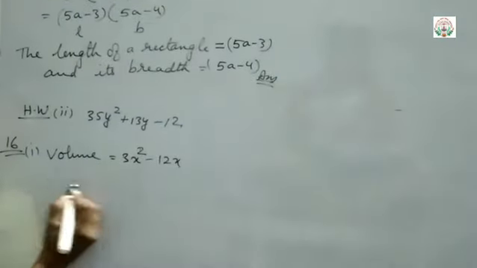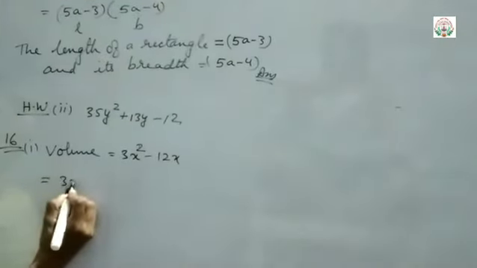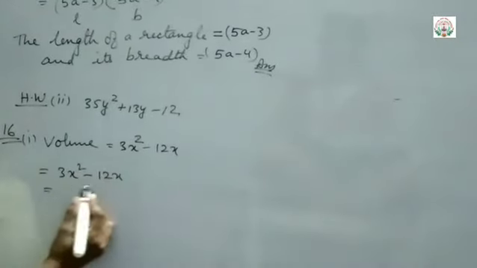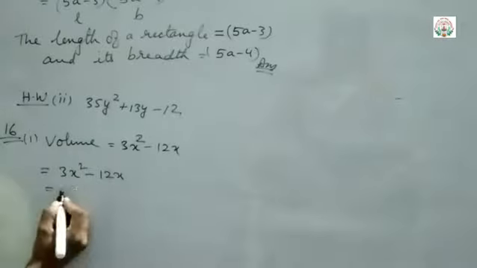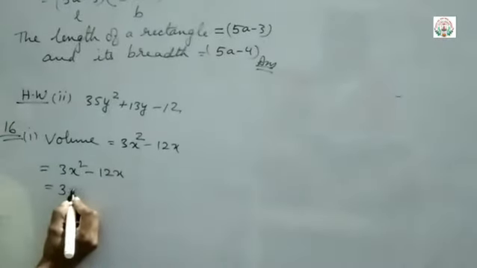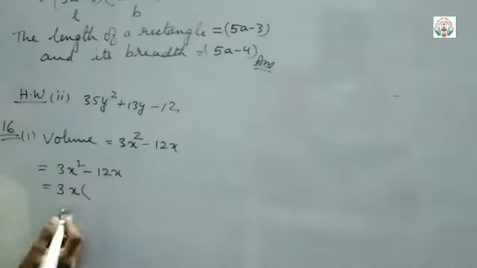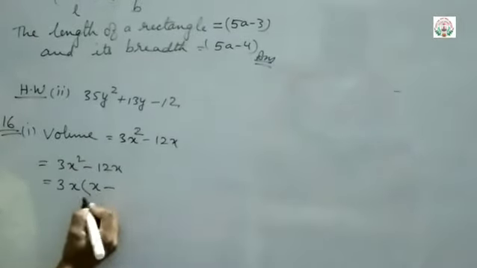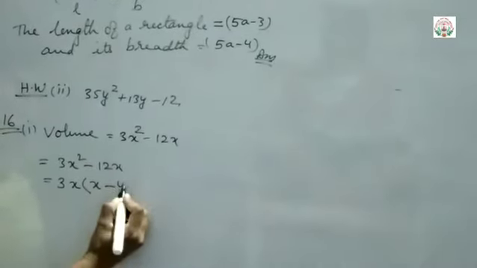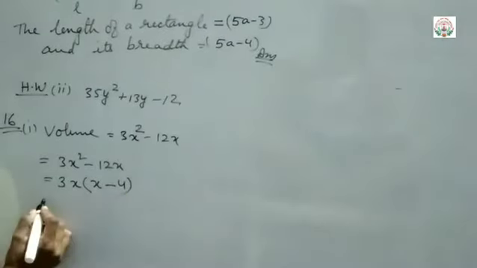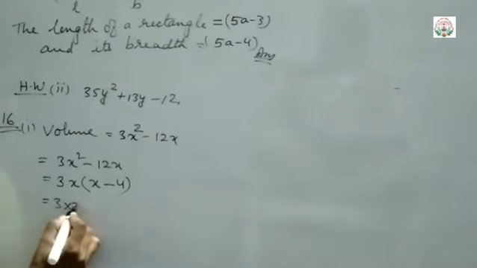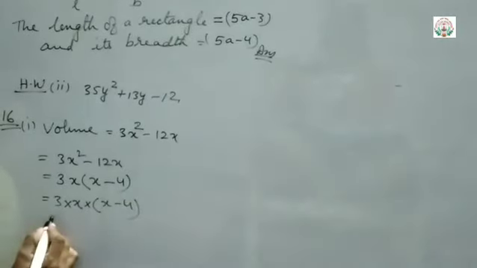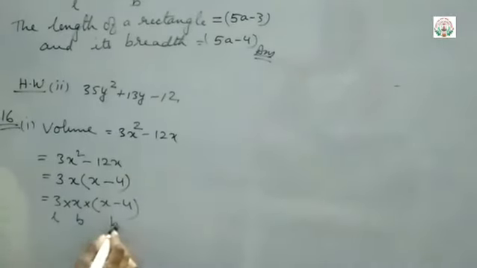So we know that this equals 3x square minus 12x. Here what is common in these two? First take out 3 and then x common. 3x gone from here means only x is there. Then minus, from here 3x gone, what is left out? Only 4. So this is 3 into x into x minus 4. Here this is L, this is B and this is height.